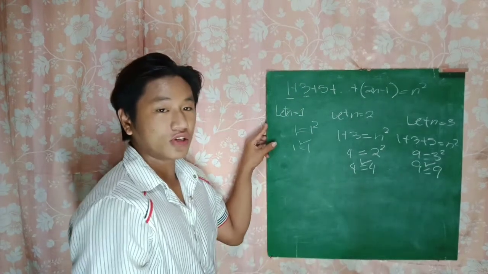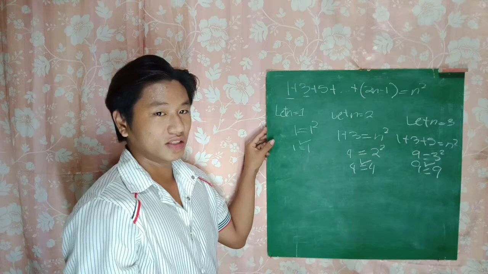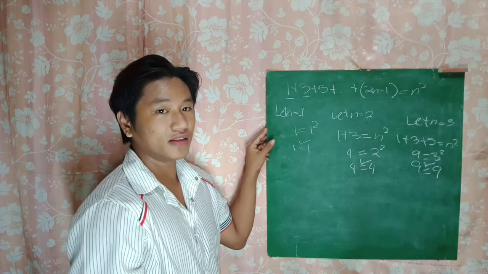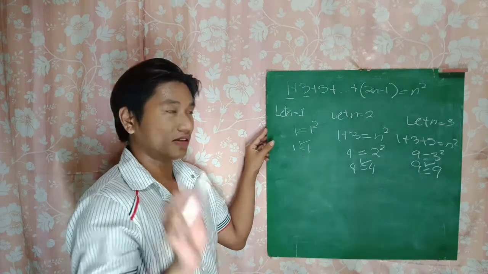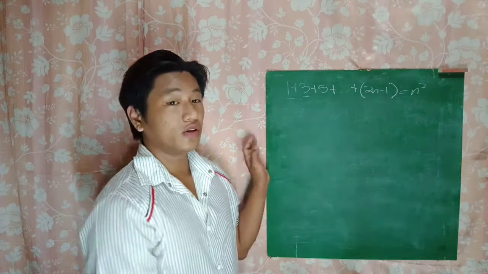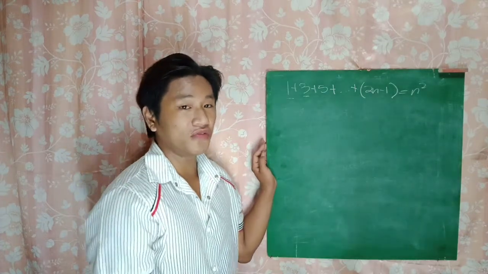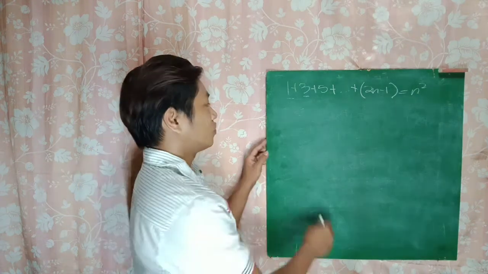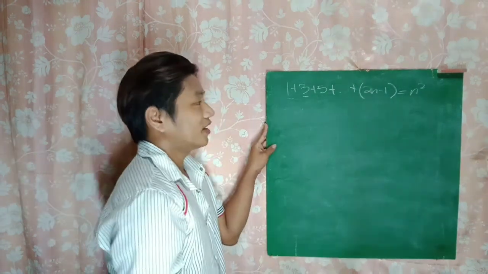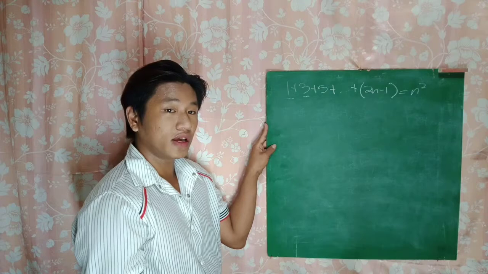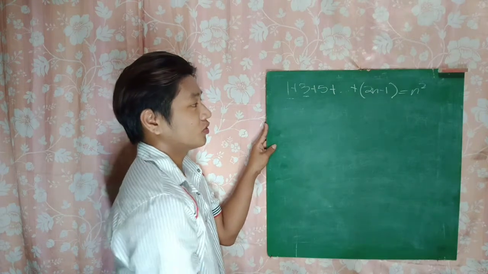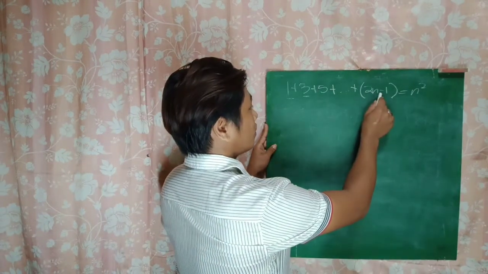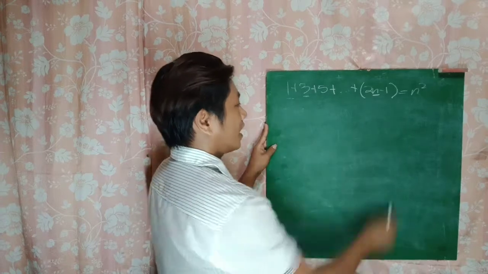With the given equation, we can conclude that P of n is true. Since we already know that P of n is true, let's assume that n equals k is also true. We need to substitute the variable n with the variable k.